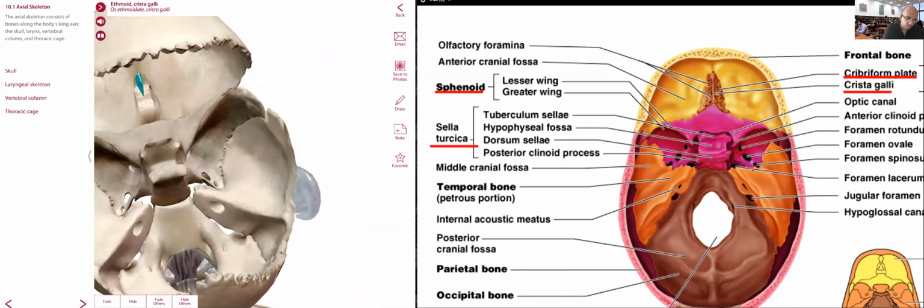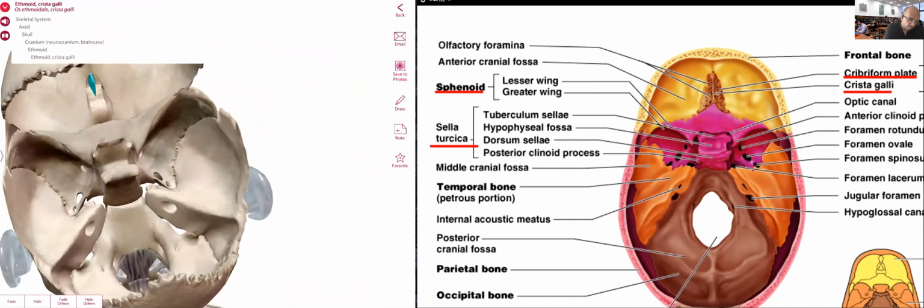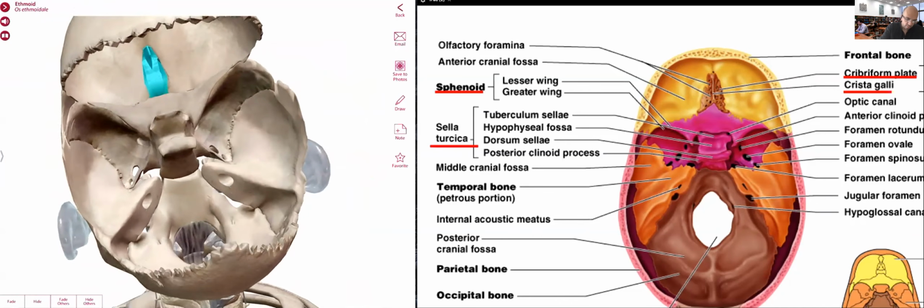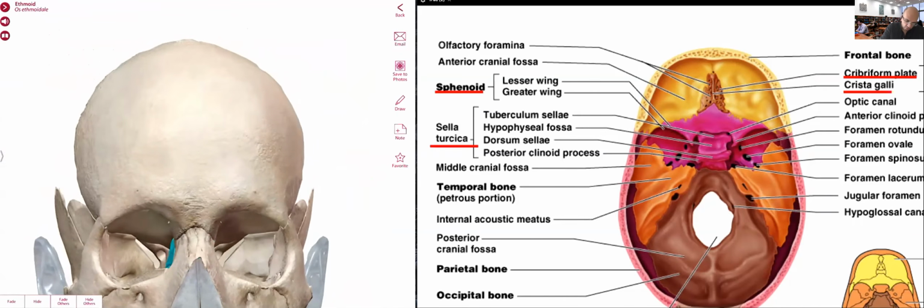All right, again, we're looking here at the ethmoid bone. This is how it looks inside the skull.